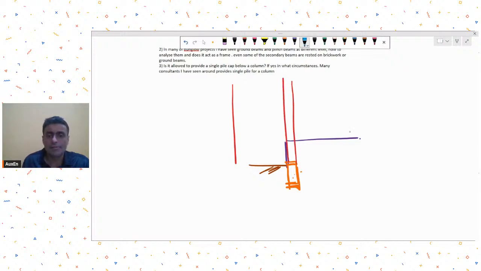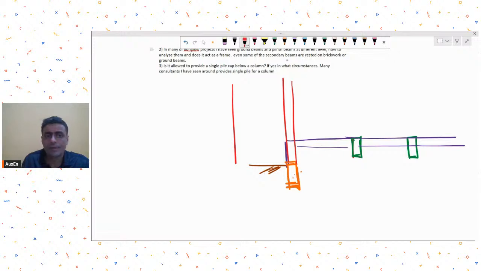In the inside portion, you may have these beams which are provided near the plinth level like this. So a few beams are provided at the plinth level, and a few beams especially on the periphery are at the ground level.